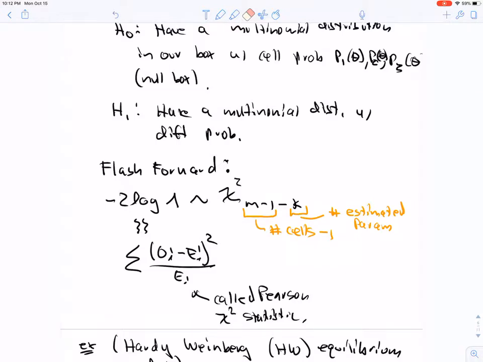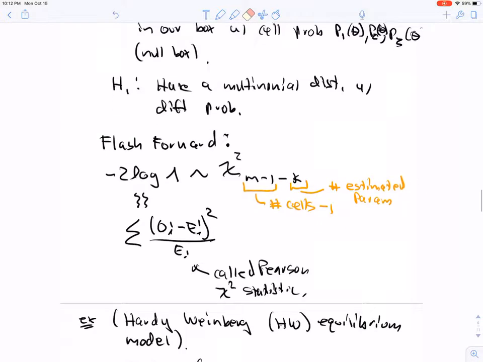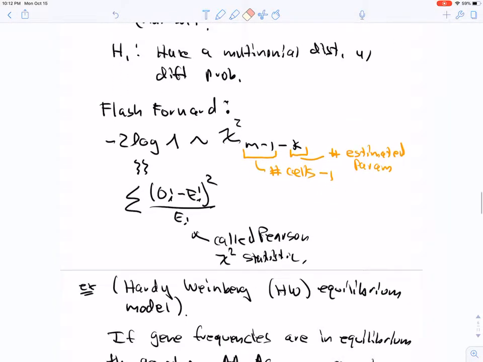And this minus 2 log lambda, we'll see next time, can be closely approximated by the Pearson chi-squared statistic.